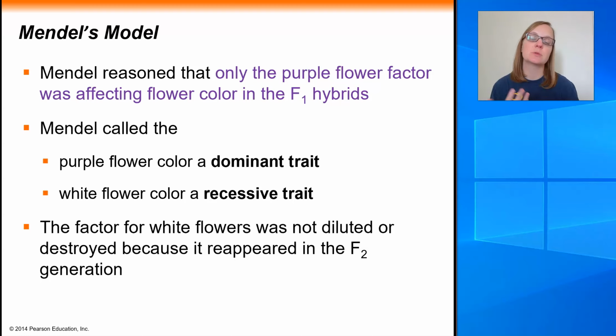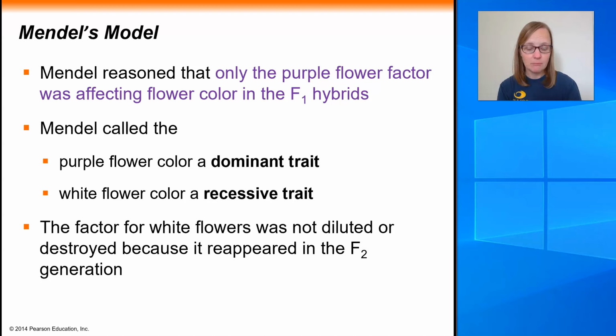Instead of thinking of it in this abstract way, we're going to apply what we now know about chromosomes and genes, superimposing that on his model to get the full picture as modern day geneticists understand it.